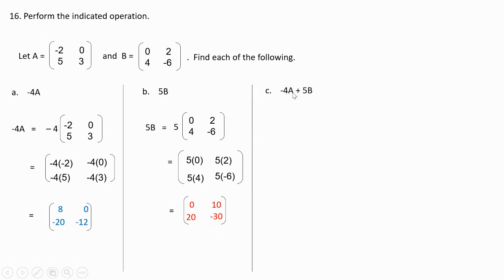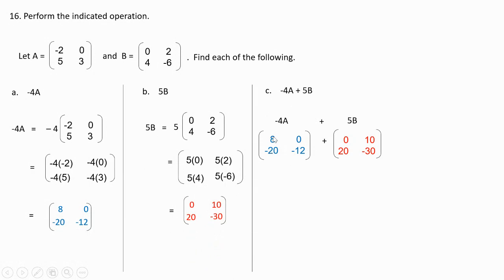Now for part C, I'm going to do negative 4A plus 5B. Negative 4A, I don't have to do it again because I already did it in part A. The answer was 8, 0, negative 20, negative 12. Plus 5B, again, I don't have to do it again because we did it in part B, which was 0, 10, 20, negative 30.